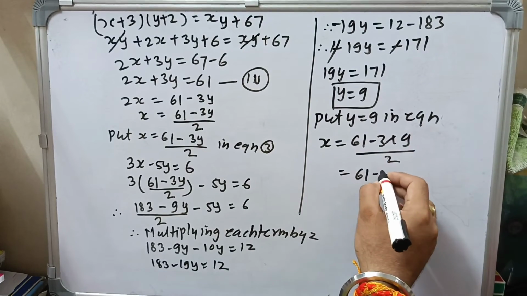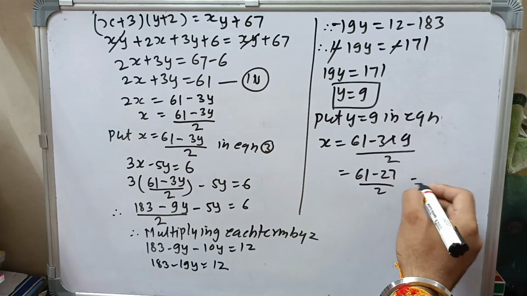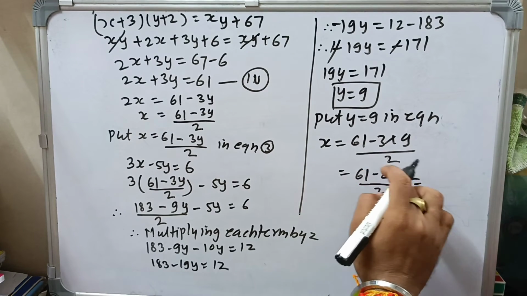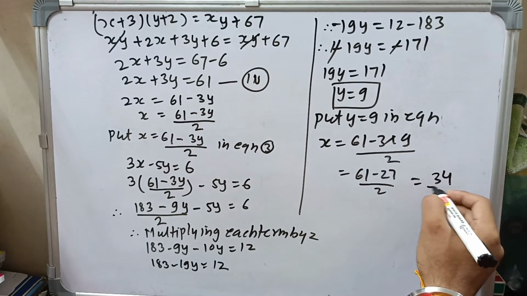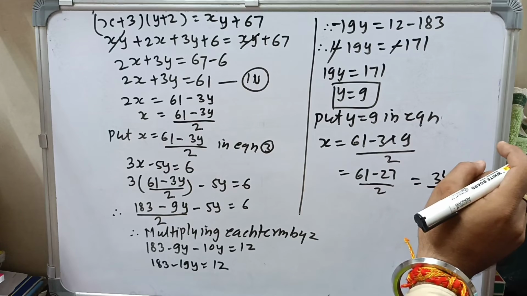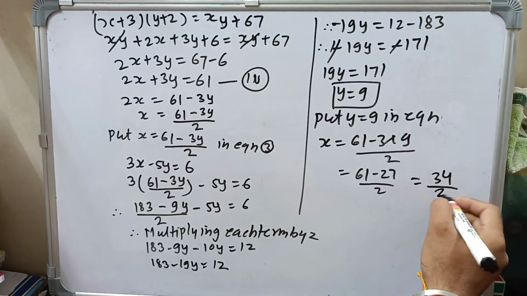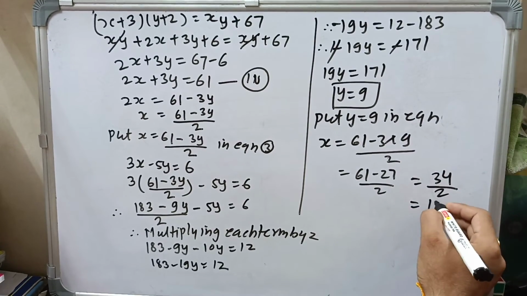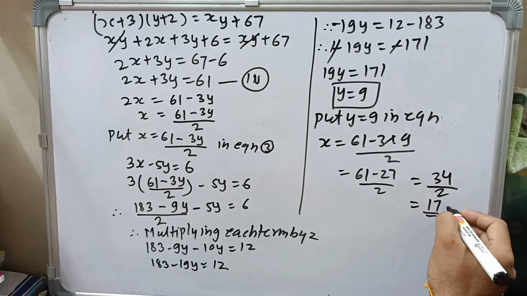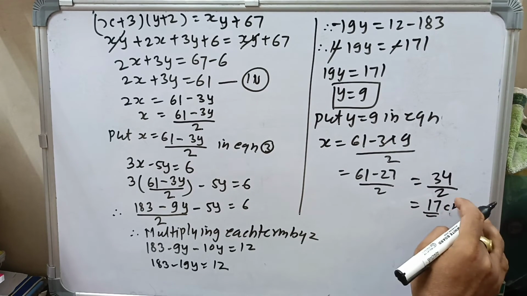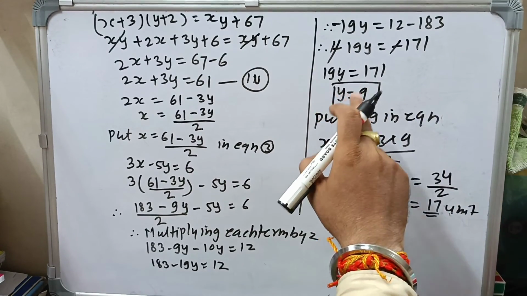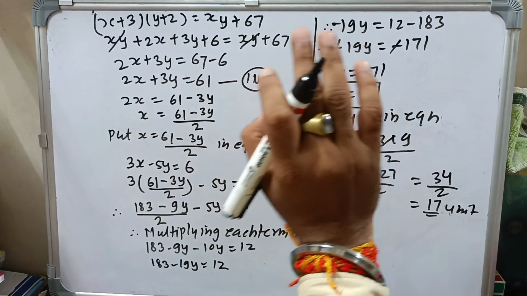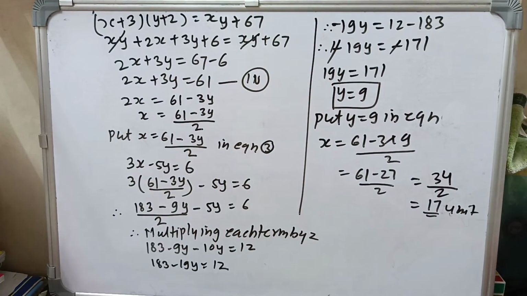So (61 - 27)/2, that becomes 34/2, and 34/2 becomes 17. So the value of x is 17. Okay, so the length is 17 units and the breadth is 9 units. So the dimensions are length 17 units and breadth 9 units.